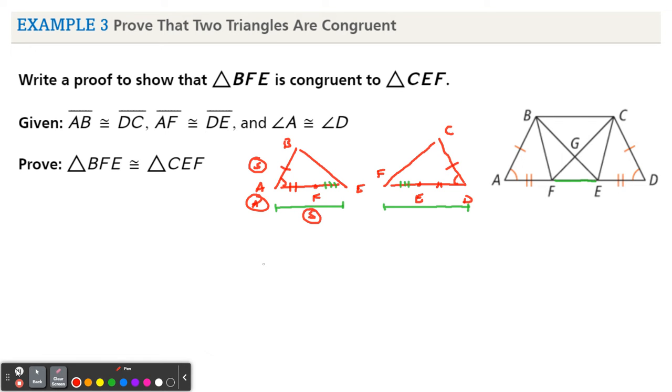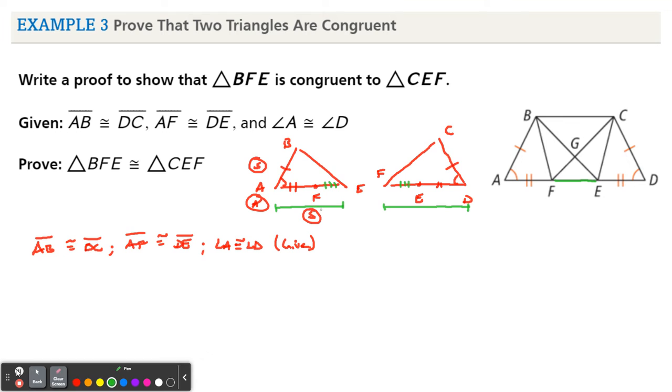So let's do that first. We are given all this information. Segment AB is congruent to segment DC. Segment AF is congruent to segment DE. Angle A is congruent to angle D. That was all given to us.